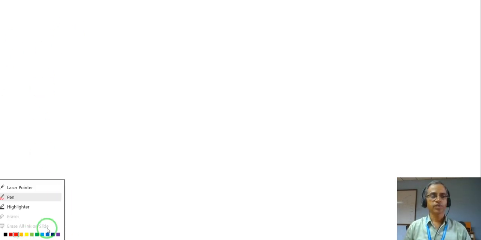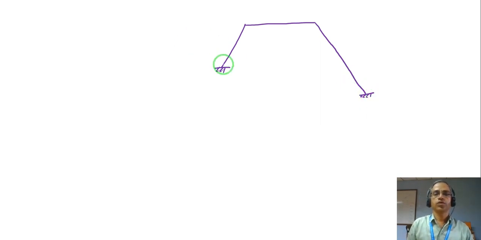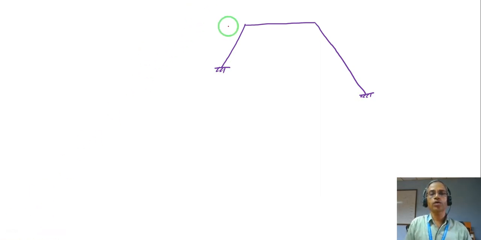For example, if I look at a portal frame with an inclined leg, something like this, this is one leg of a portal frame. This is the horizontal member, then another member like this. So this frame is subjected to a lateral load.